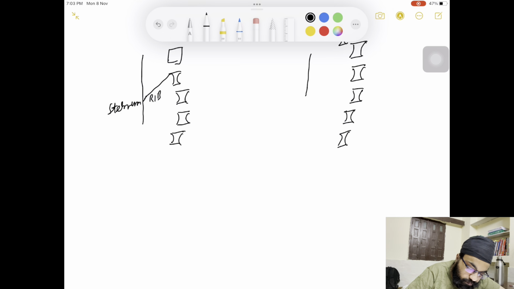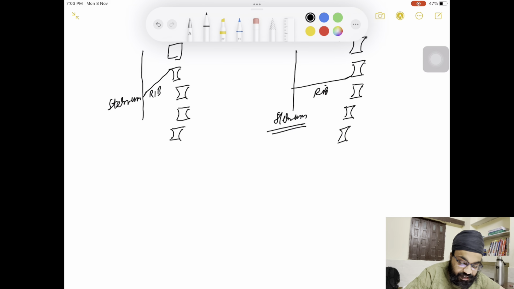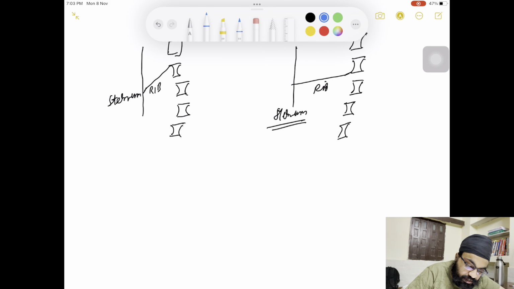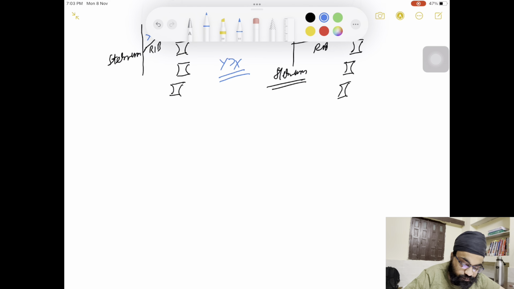Now these ribs will act as a lever and will lift the sternum up by getting straightened, because their costal cartilages are directed upwards and anteriorly. So you can again see that the Y is more than X over here.